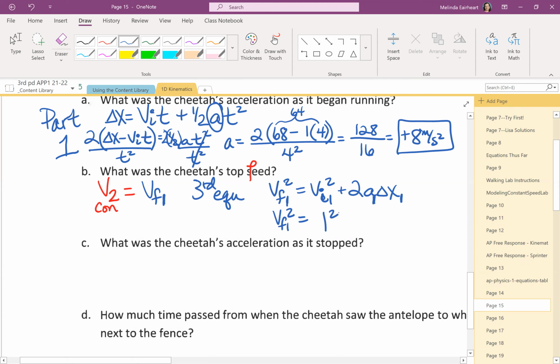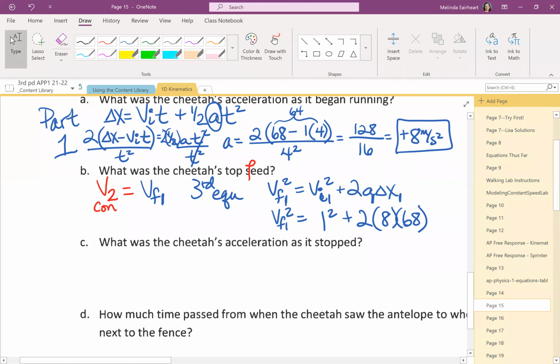I'm going to keep the squares just so that for the norm, it's not always going to be 1, right? So be ready to square whatever the initial velocity is. And then plus 2. We now know the acceleration is a positive 8. And the distance for part 1 was 68. Right?